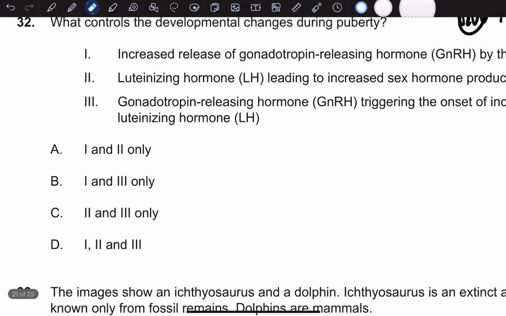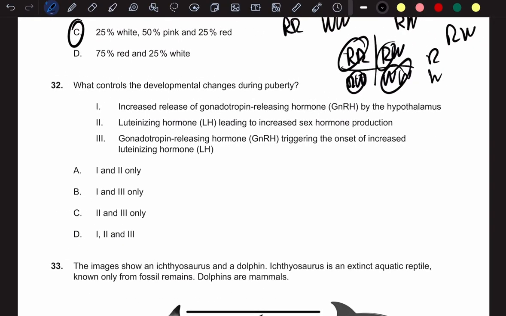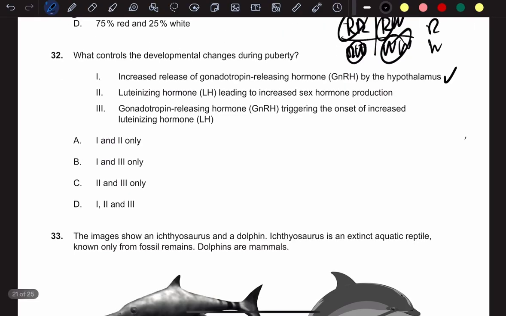So the first thing, increased release of GnRH by the hypothalamus. This is correct. GnRH is released by the hypothalamus, right? If you're thinking of other hormones, keep in mind this is the gonadotropin releasing hormone. There are other upstream hormones, but yeah, that's unnecessary. I'm thinking too far into it, but you should know it's released by the hypothalamus.